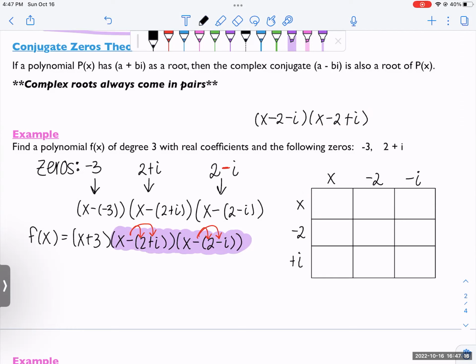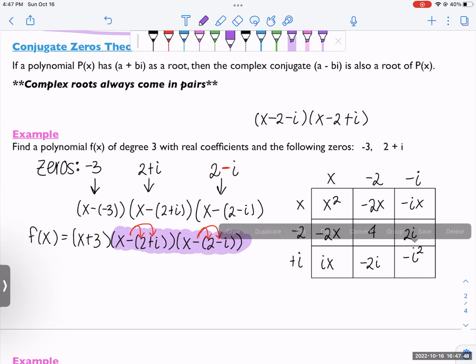We have x squared, minus 2x, minus ix, minus 2x, plus 4, plus 2i, ix, negative 2i, and negative i squared. Negative i squared, that's negative of negative 1. Negative i squared is just 1.